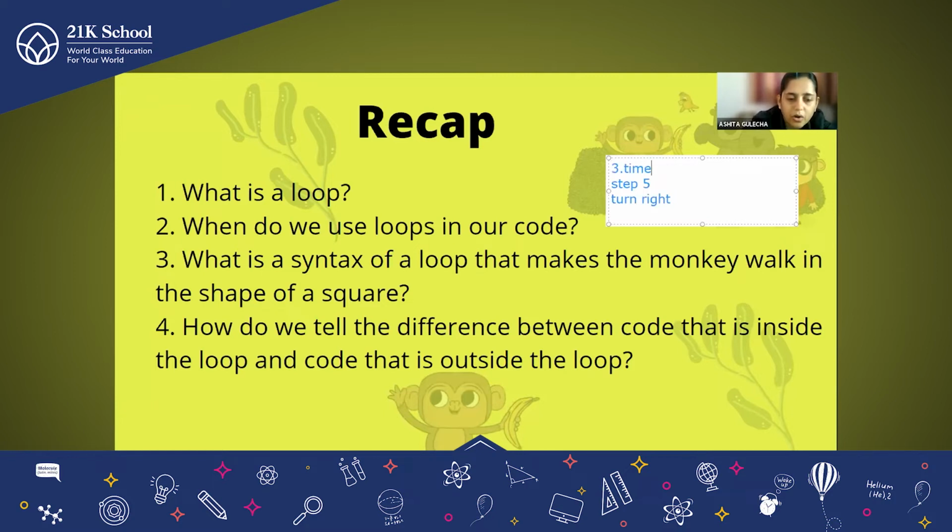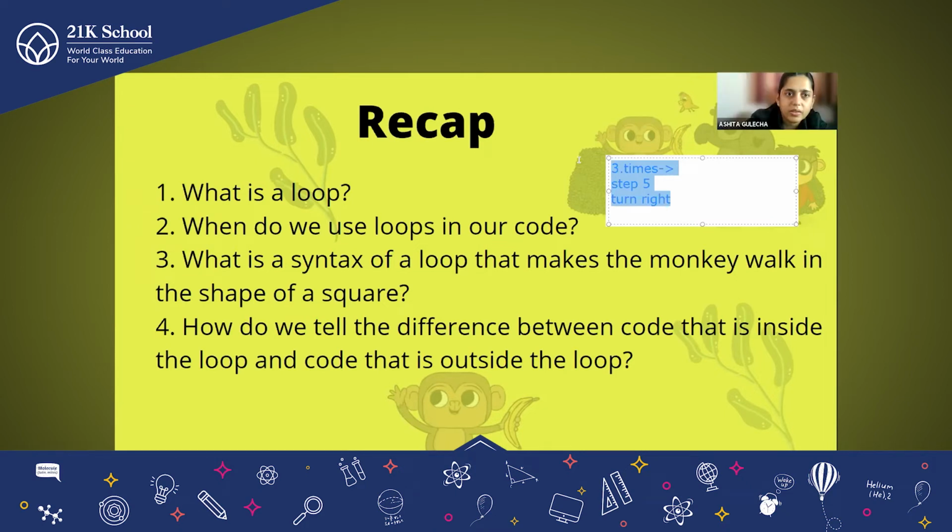It should be 3 dot times, right? Okay, so children, do you all agree with this command? Will it make monkey walk in the form of square, or do you have different answers? Anybody with a different answer? Ma'am, I have the same answer as Advik.